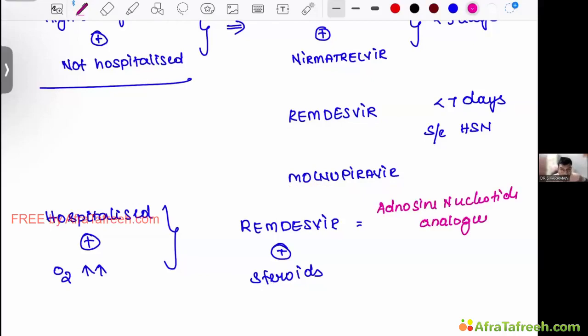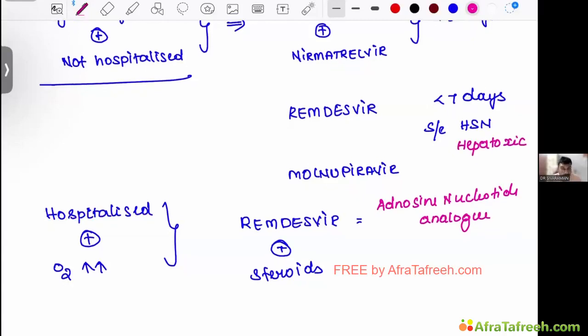Rather, it is not nephrotoxic, it is hepatotoxic. You have to monitor LFT. So, an adenosine nucleoside analog.